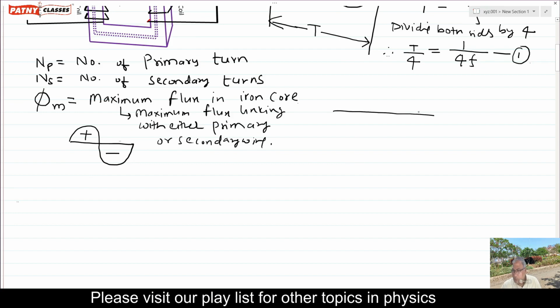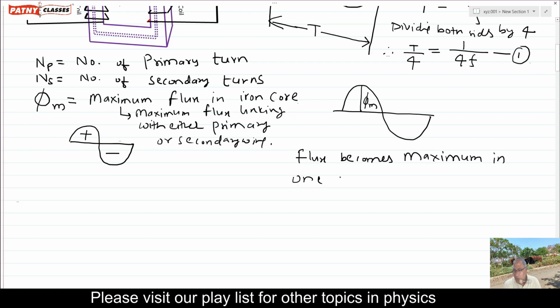Therefore, this is the maximum flux. Therefore, the flux becomes maximum in 1/4 of the time period.